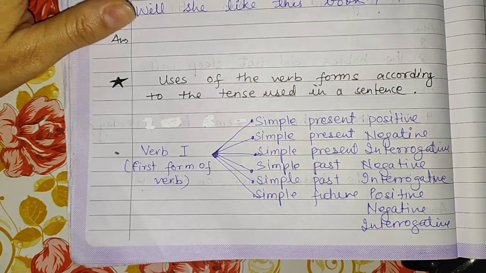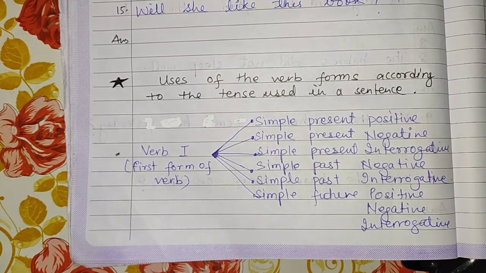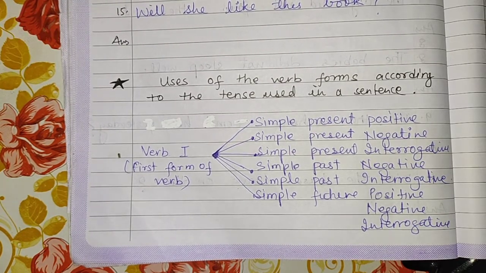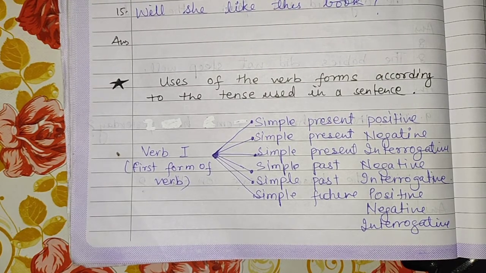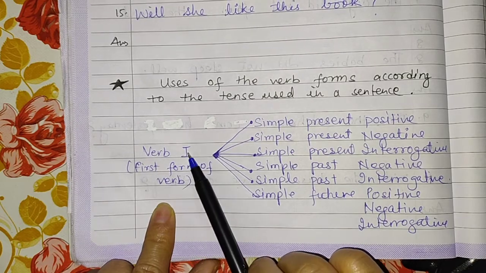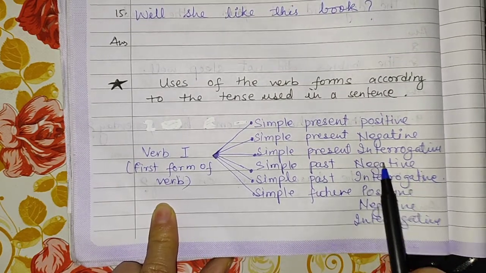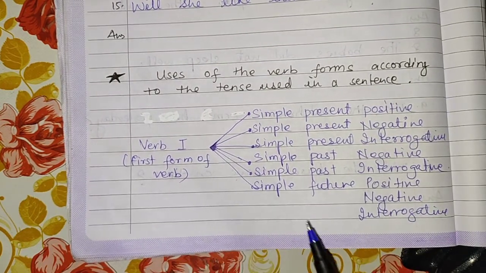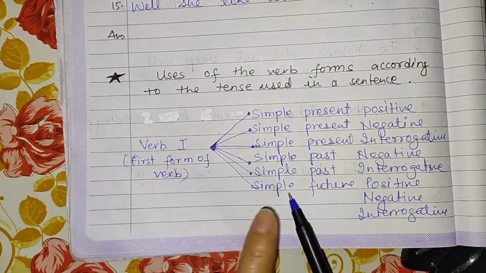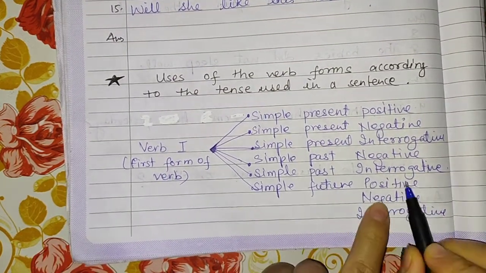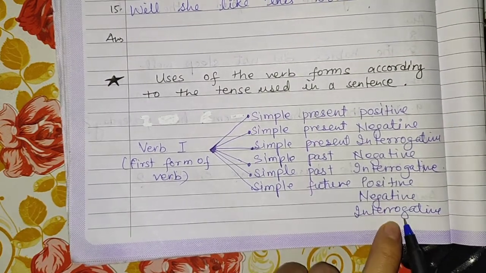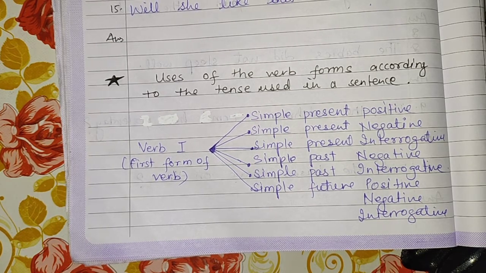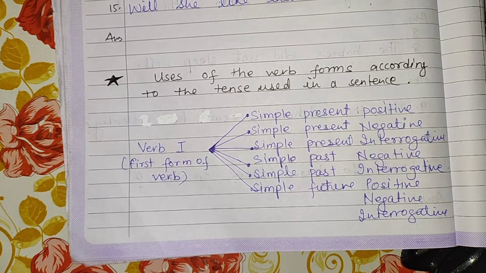The change is that in a simple past negative sentence we use did plus not, and in a simple past interrogative sentence we use did before the subject. But the verb will remain in the first form in both. Got it? Next, verb 1 is also used in simple future positive, negative and interrogative sentences.